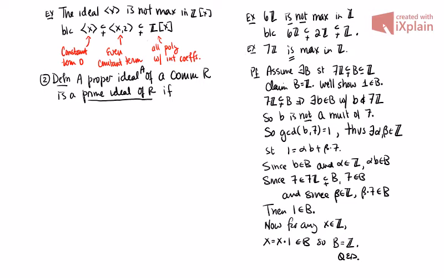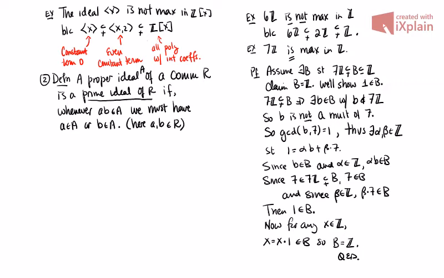If you have a product which is in A, one of the two things must be in A. So in other words, whenever ab is in A, we must have a in A or b in A. Now, notice here, just to be clear, a and b are things in the ring, of course. Everything's in the ring.